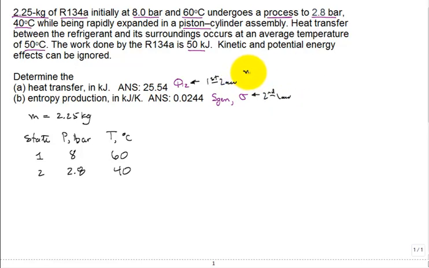It'd be the mass times the change in specific internal energy, so m times U2 minus U1 is equal to the heat transfer during the process minus the work 1 to 2. They gave us the work, didn't they? The work 1 to 2 was 50 kilojoules. So this is known, this is what we're trying to solve for, and the mass is given right here, 2.25, and we need the U's.